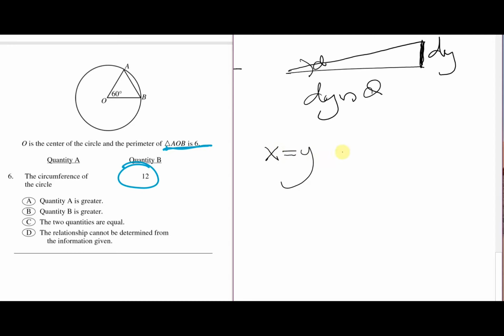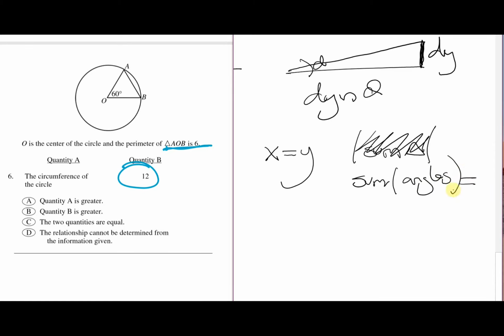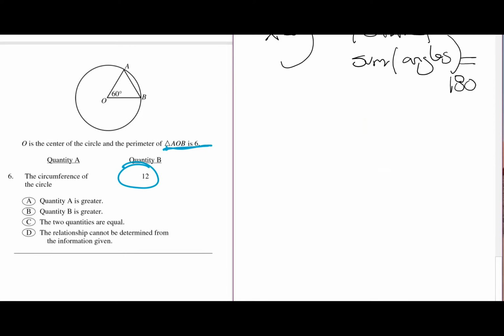So therefore, x can replace y, and we also know the sum of the angles in the triangle, the interior angles of the triangle, equals 180. So we know now that x plus y plus 60 is 180.